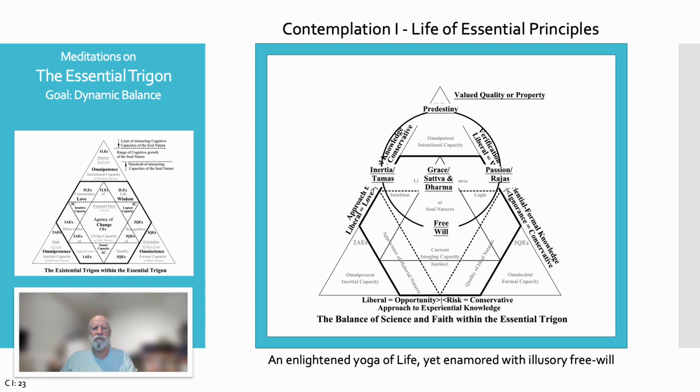Station is replaced by tamas or inertia. Motion by passion as emotion or rajas. Universality by predestiny, as in universally determined. Particularity by the concept of being an independent life operating through the concept of free will.